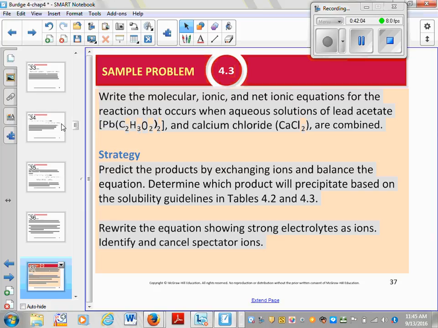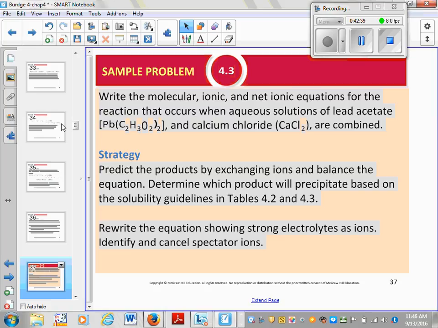We add Ca2 plus aqueous plus 2Cl minus aqueous gives us Ca2 plus aqueous plus 2C2H3O2 minus aqueous plus, oh, this is solid, so that doesn't come apart, PbCl2 solid. So now we have our ionic equation.